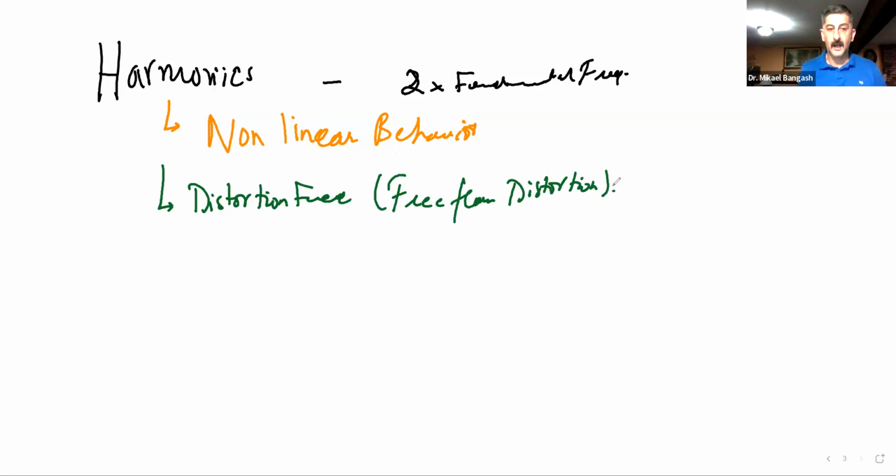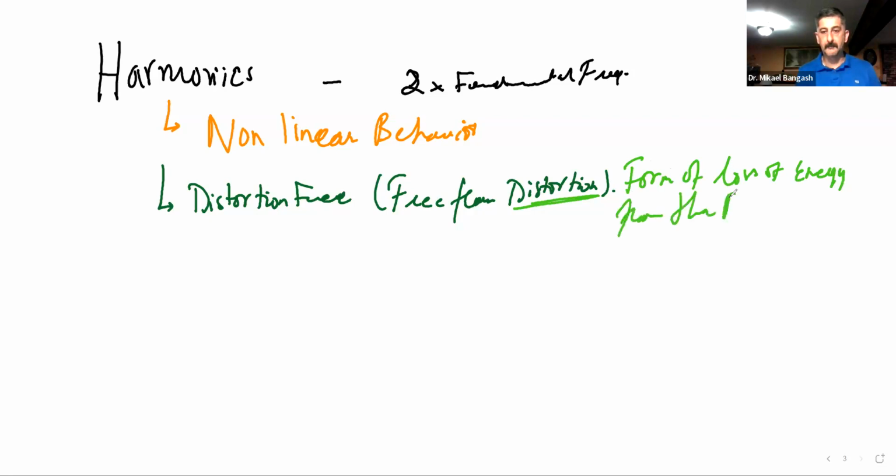Now, some of you will ask, then what is distortion? We can say distortion is a form of loss of energy from the beam.